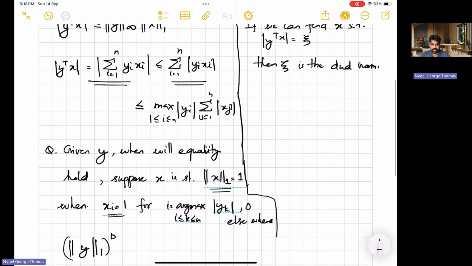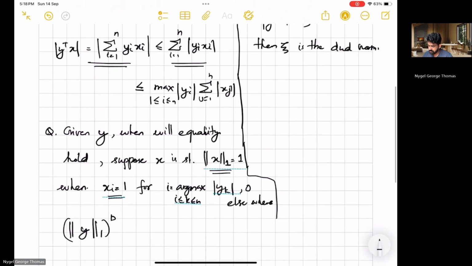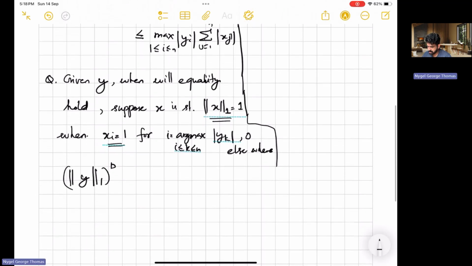What we had on the left side is y transpose x, right? Let's look at the right side anyway. Right side is the max over x with L1 norm equal to 1 of modulus of y transpose x.